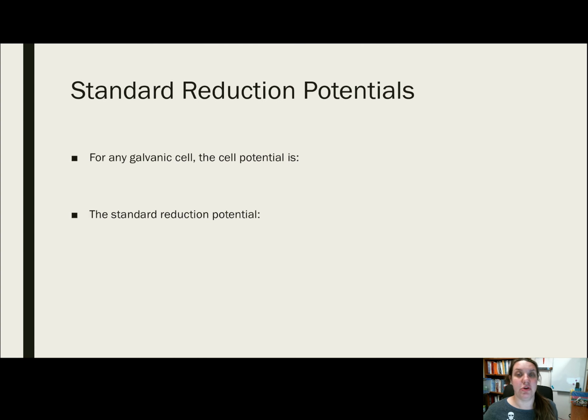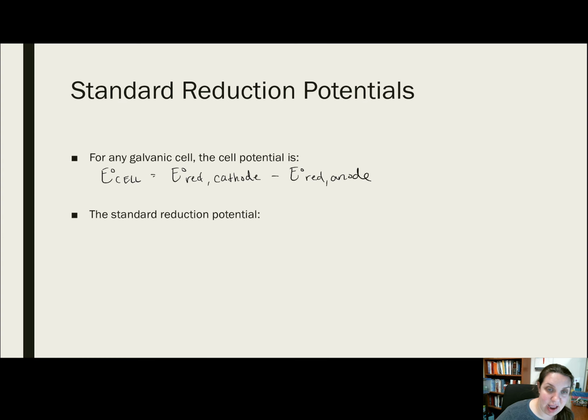So, we use what are called standard reduction potentials when determining our cell potential. So our cell potential itself is calculated as the reduction potential of our cathode minus the reduction potential of our anode.